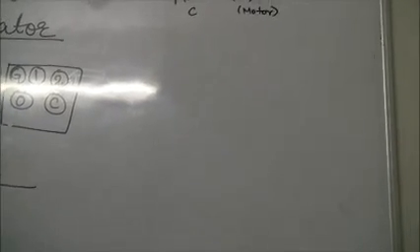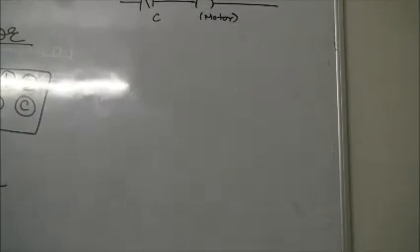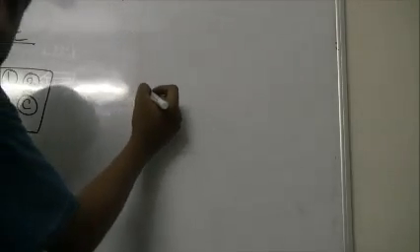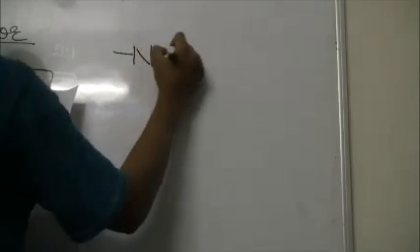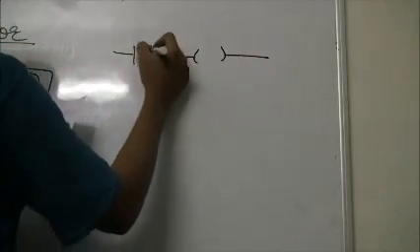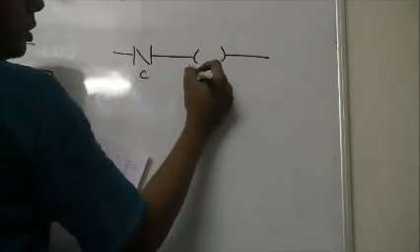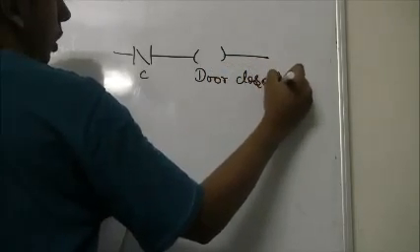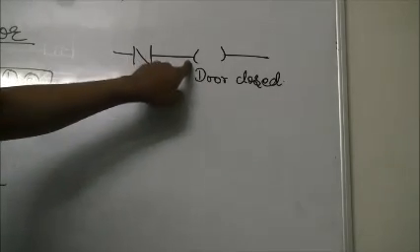Okay, sorry, that's my mistake. I would rewrite it. I think it's out of the frame. Yeah, that's it. Okay, so this is switch C, and this is the door closed. This is some sort of a motor that is responsible to keep the door closed.